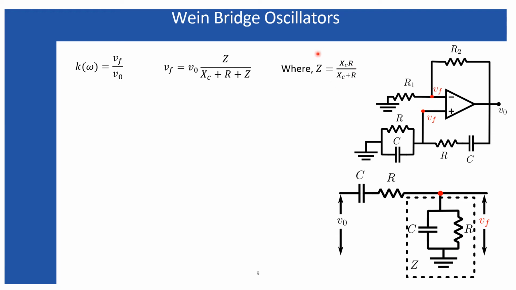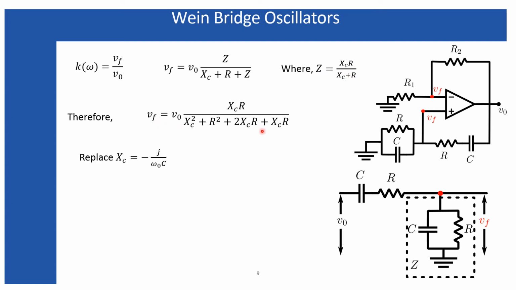So Z I have shown over here, and Xc represents the reactance of the capacitor. Therefore, by replacing this Z by its actual expression, I am obtaining this Vf as shown over here.